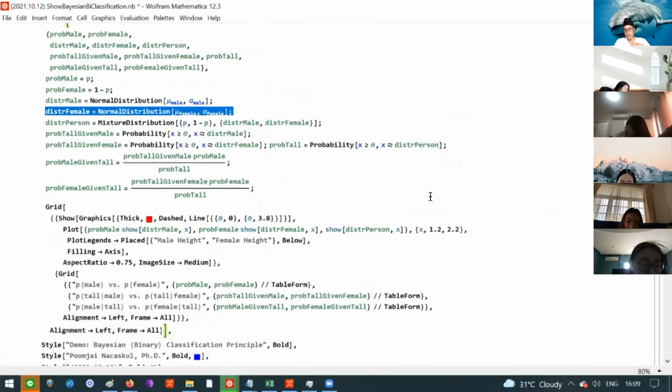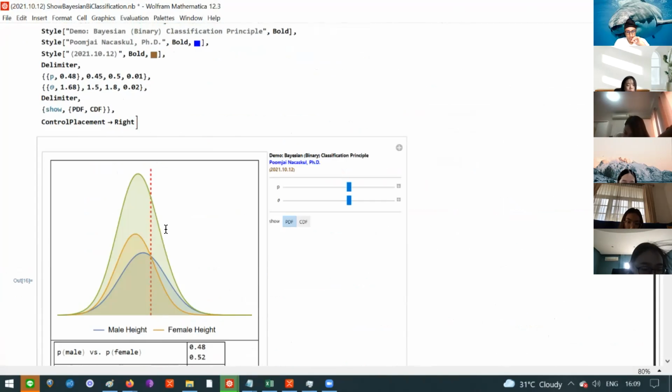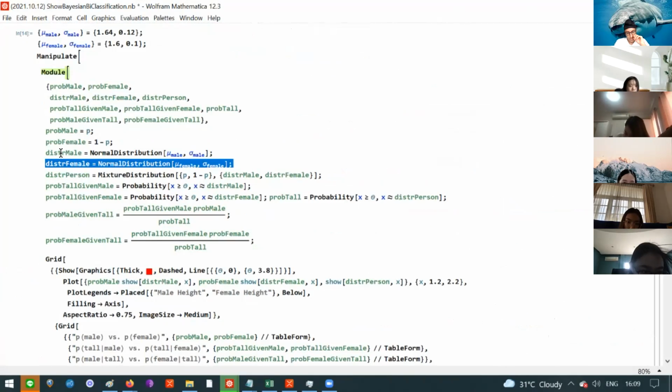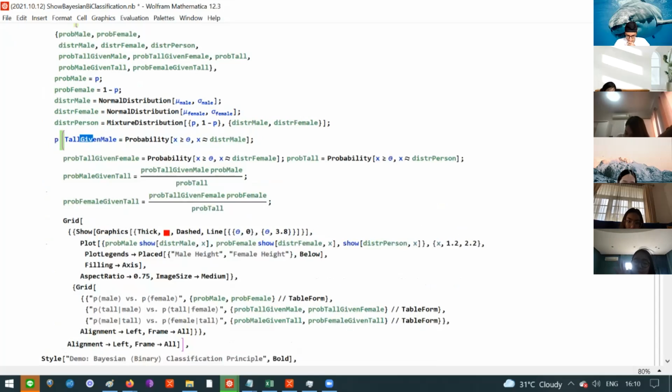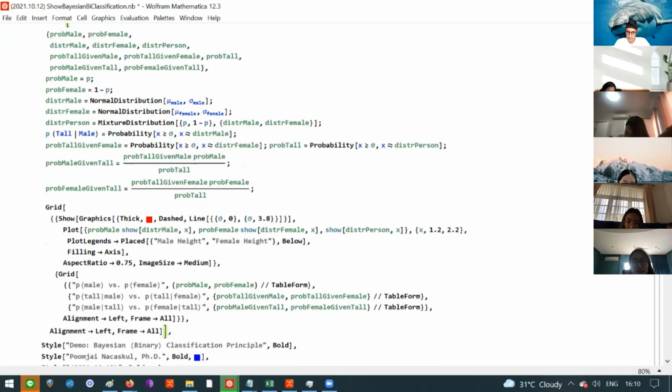Above this line, all of this is conditional. There's a probability of male. There's a distribution, probability tall given male. This is my notation: probability tall given male, that is, male taller than theta.